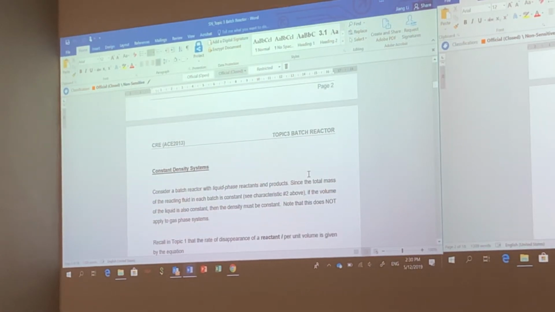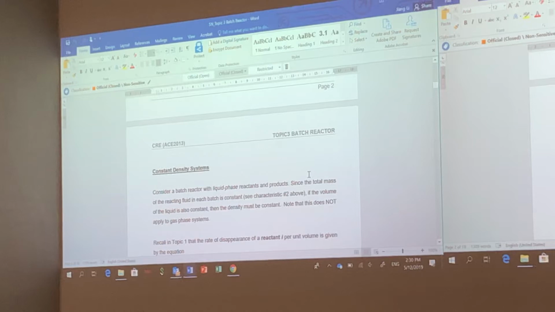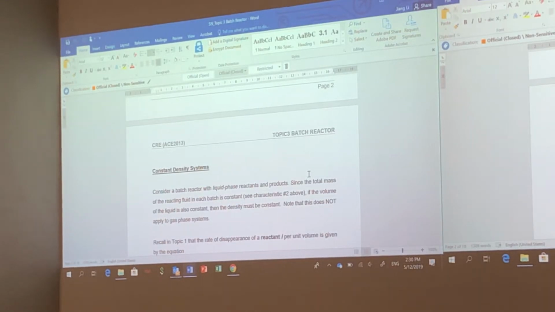Then after this, listen. For topic 3, even if I don't look at the notes, you should know there are 2 main methods. One is the integral method, another one is the differential method. So for the integral method, how do you start?